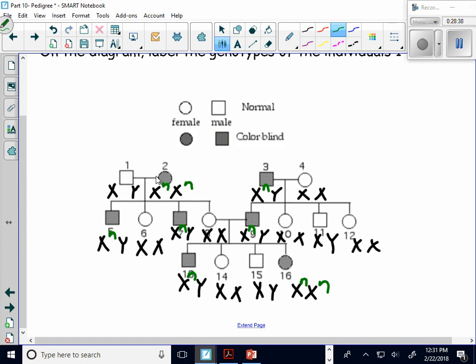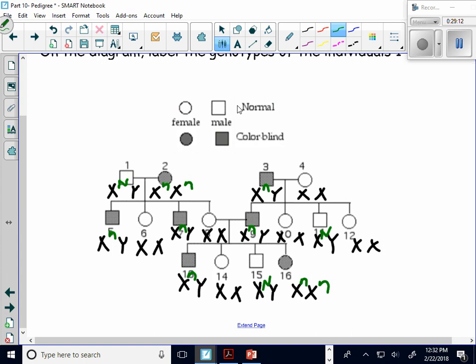Okay? I look, and I know that Dad right here has normal vision. So I'm going to go through and put a capital N with all my squares that are not shaded because I know all of them, right? So I'm just writing down what I know. If I look, do I know what number 6 and number 8 are?